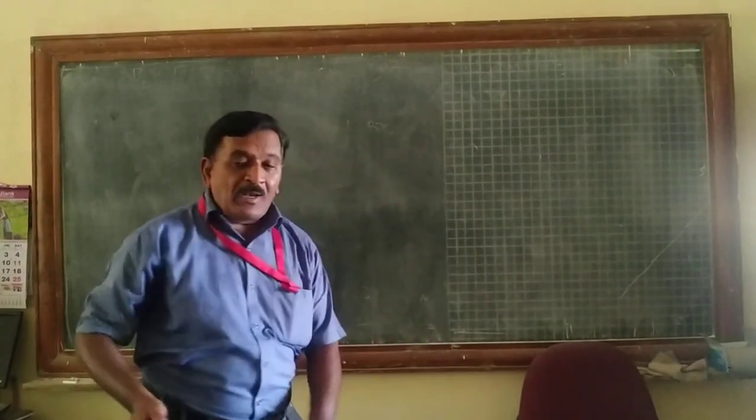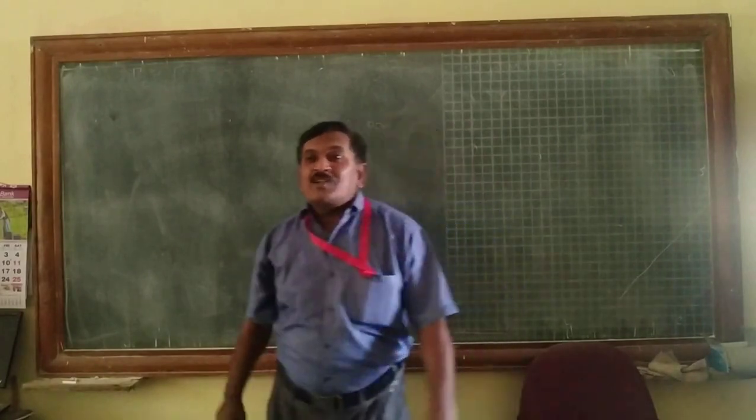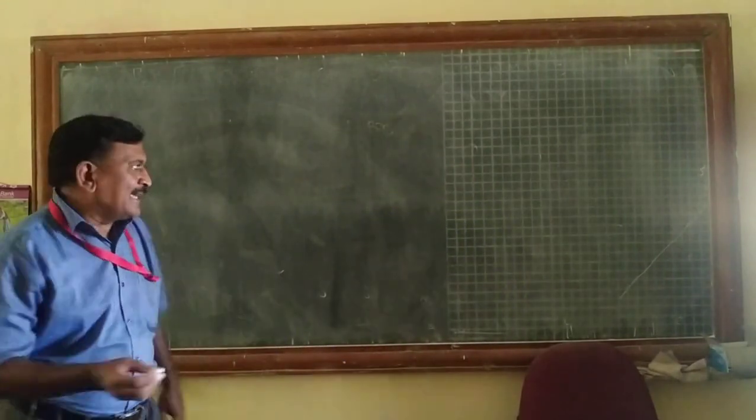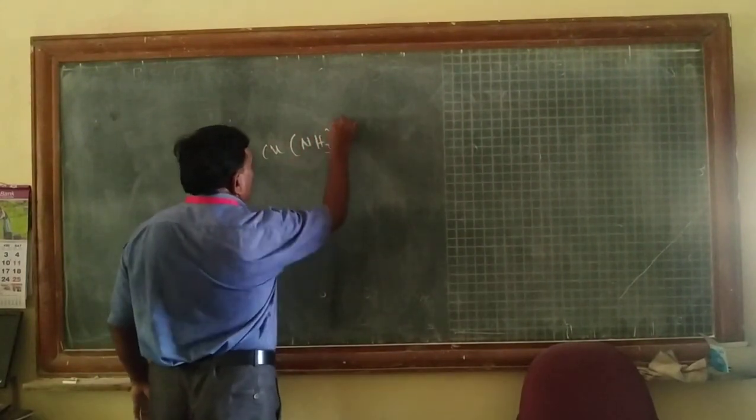What are the examples of monodentate ligands? The first one is cupro-ammonium sulfate.